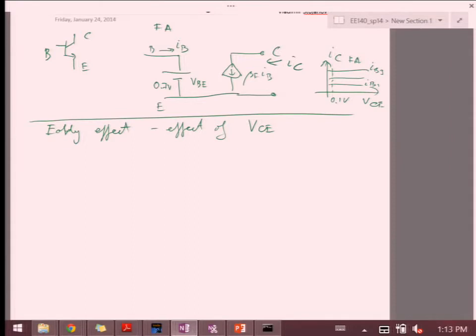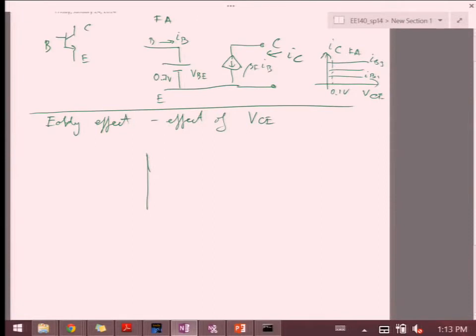Now, what's really happening inside is that, if you take a look at the drawings we had of what's happening inside the base, we do have this depletion region between the base and the collector that depends on the voltage applied between base and collector, our VBC.